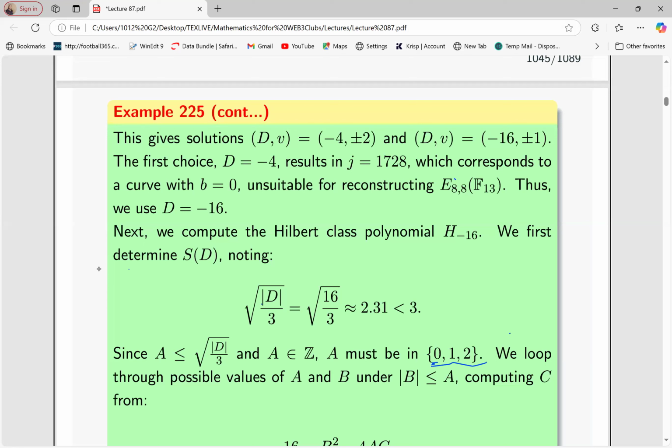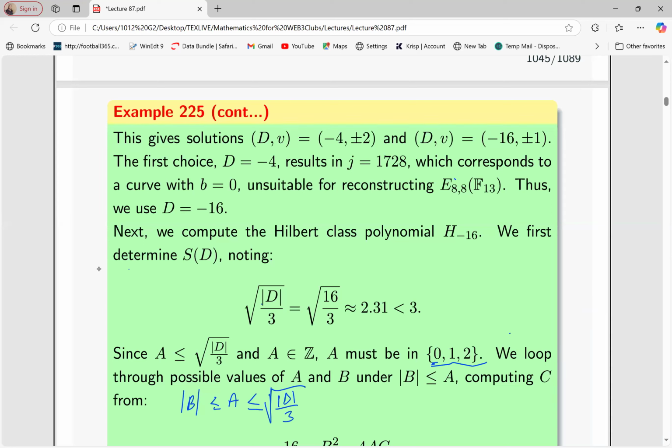So it then knows that there are other conditions that B must satisfy. B must be less than or equal to A, and this one we've already used.